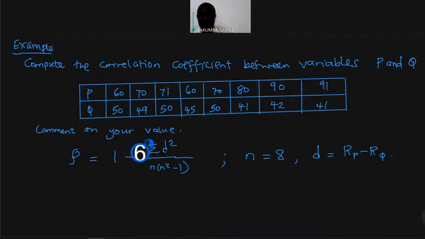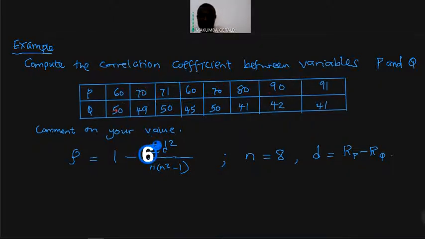Now, before we rank them, when you scan through our values, you can see that we have repeated values in P. 60 is appearing twice, 70 is appearing twice.